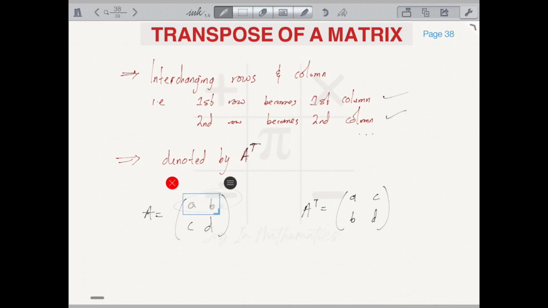AB, which is the first row, becomes AB, the first column. And CD, which is the second row, becomes CD, the second column. We can also look at it this way: AC, which is the first column, becomes AC, the first row. And likewise, BD, the second column, becomes BD, the second row.